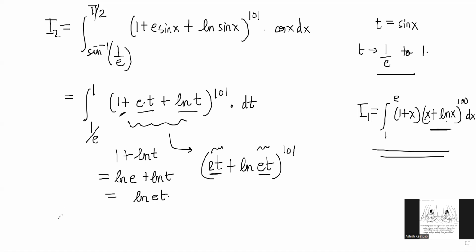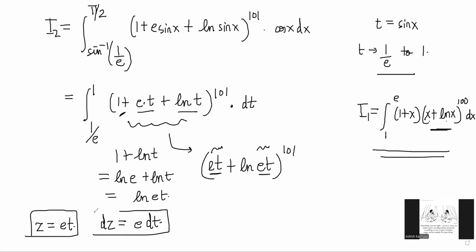A new change of variables I will do, and I will say z is equal to et. And if z is equal to et, dz is going to be e times dt, right? So that implies that the dt here will become dz by e, right? So let's change it now. And I will also change the limits of this integral.